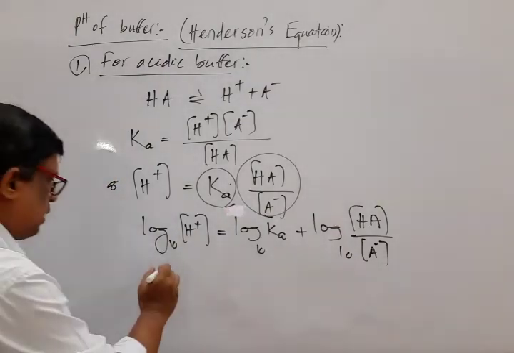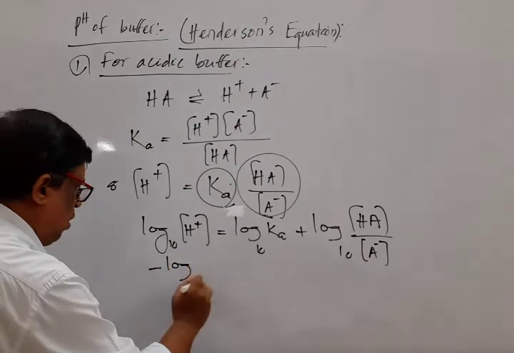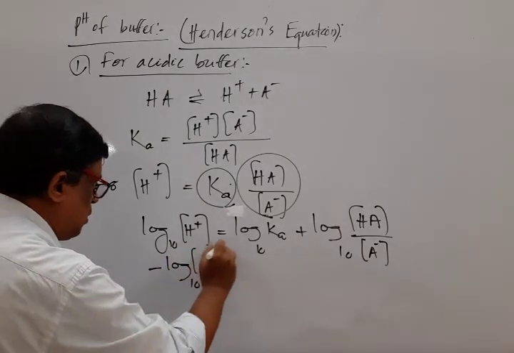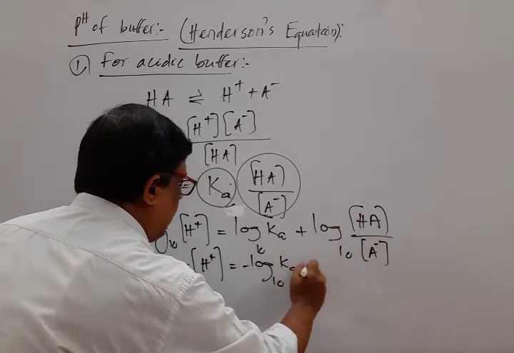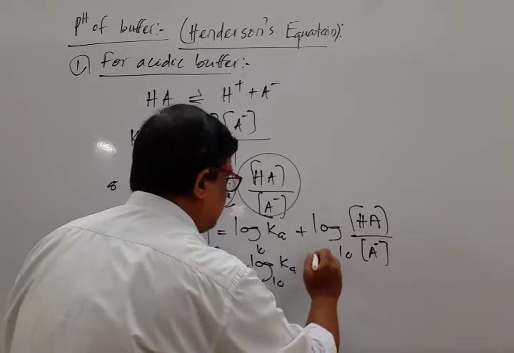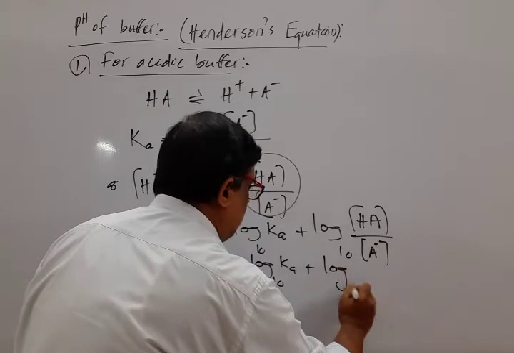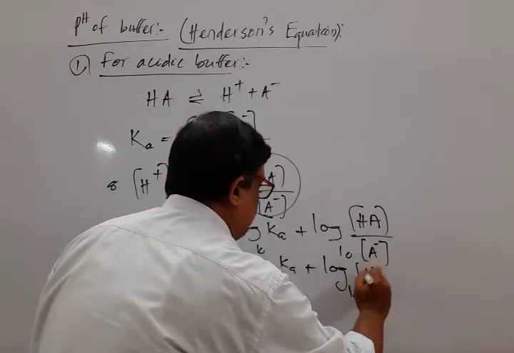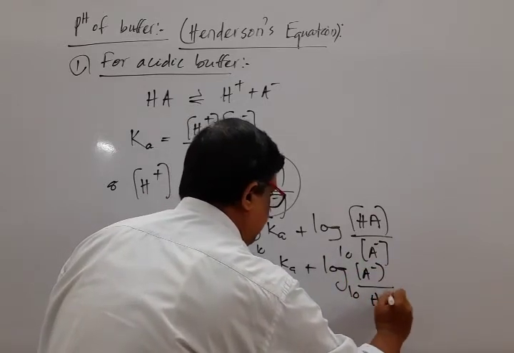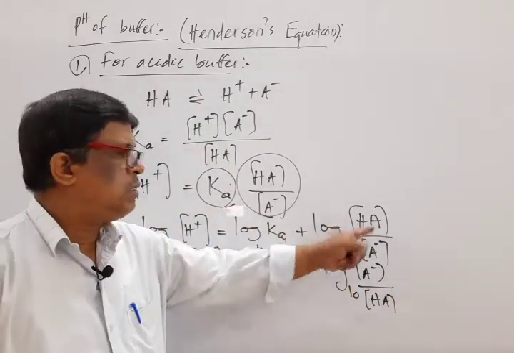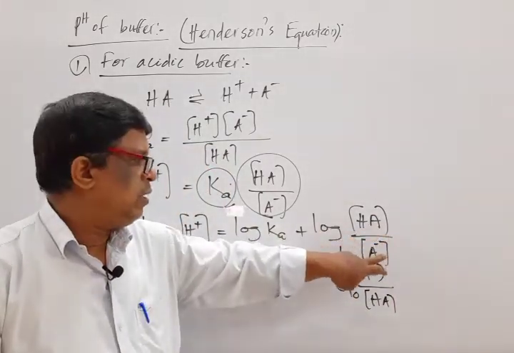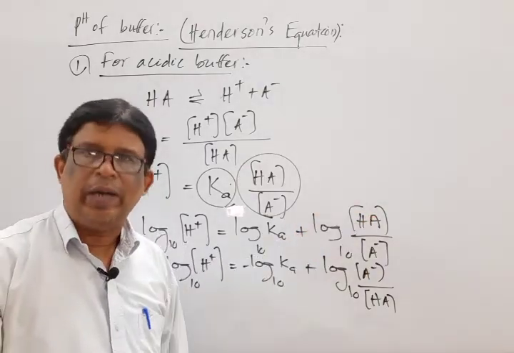Mark that: minus log base 10 of H⁺ is equal to minus log Ka plus log, reversing it, A⁻ by HA. Multiplying by minus changes the denominator to numerator and numerator to denominator.